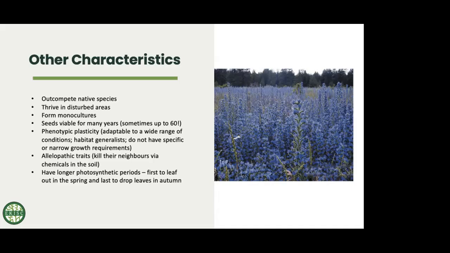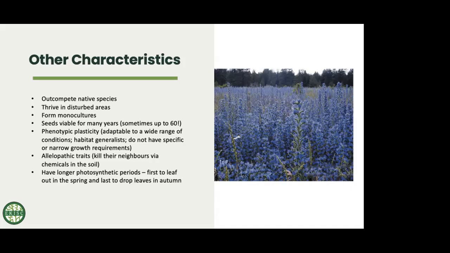They're two buzzwords that you can add to your Scrabble repertoire. Phenotypic plasticity just means that they're adaptable to a wide range of conditions. They tend to be habitat generalists, as I said, so they don't have specific or narrow growth requirements. They can adapt to all kinds of different things and survive in a wide range of environments and climates.